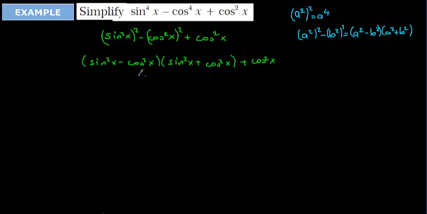Sine square x plus cosine square x we know is equal to 1, so this is going to be sine square x minus cosine square x plus cosine square x.